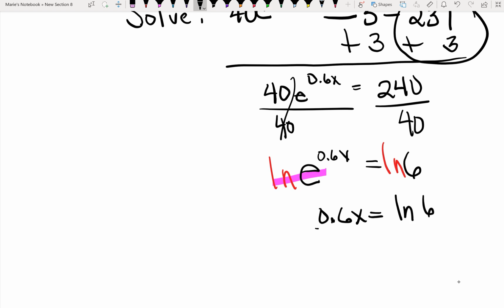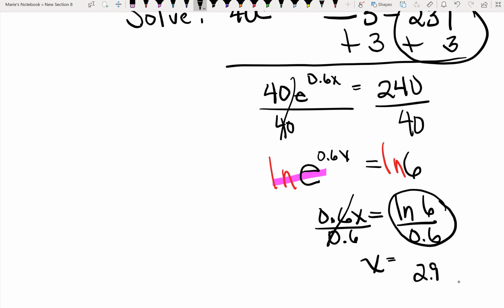And to solve for x, all you have to do is divide by 0.6. So that crosses out, leaving you x is equal to the natural log of 6 divided by 0.6. Again, you will not have anything to memorize. You literally just use technology. So x is equal to 2.99.